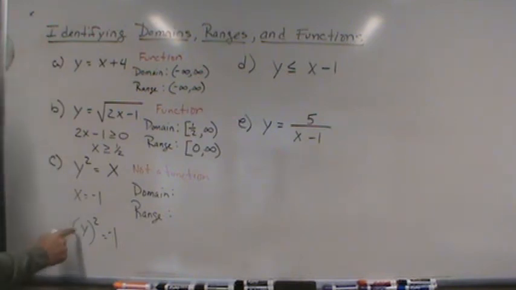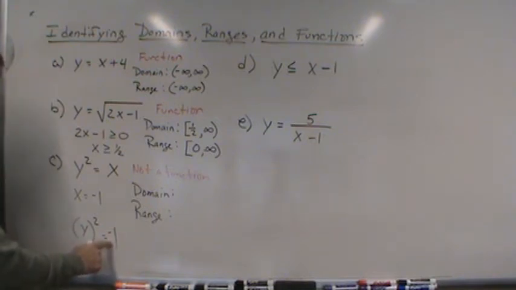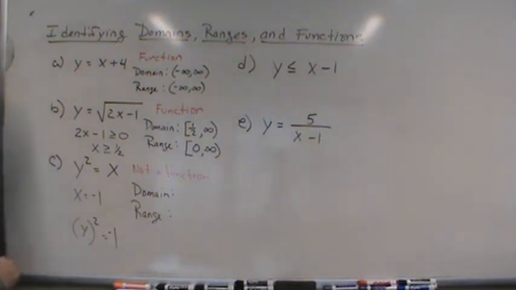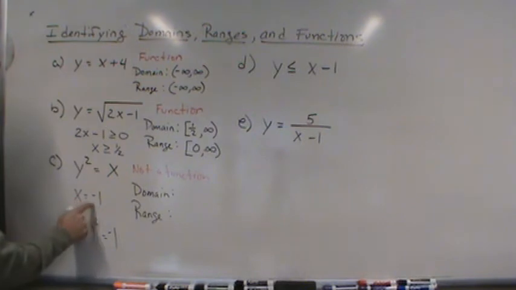Can I stick any y value in here and square it that will give me a negative number? No, there's no such y value. So there's no y value that corresponds to x equals -1.